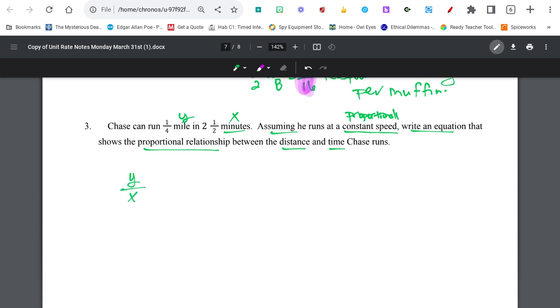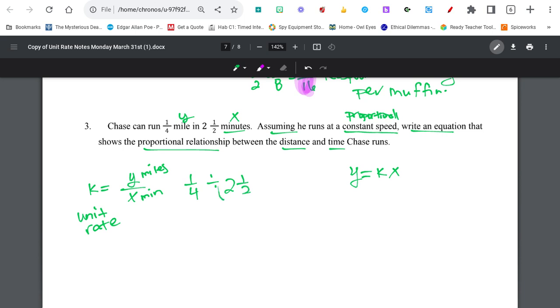And that's k, guys, which is my unit rate. And I can write the equation in the form y equals kx. But I'm going to use my division sign. My y is miles. So I'm going to do 1/4 divided by x, which is minutes. So divided by 2.5.